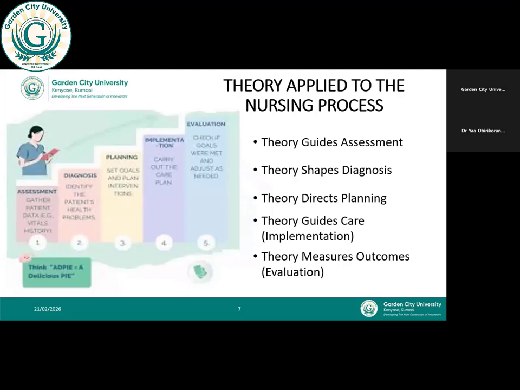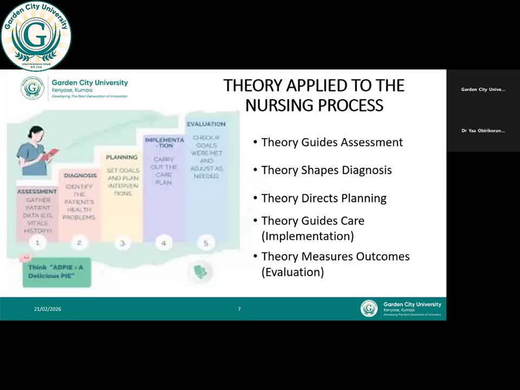So if you pick Orem's theory, it tells you the kind of nursing role that you can play in the patient's life. So it is wholly compensatory, where you are doing everything for the patient. That will help you to direct your planning because you know that for this patient, I have to provide everything and anything. I have to do everything for the patient.